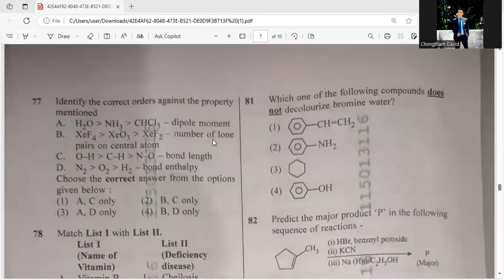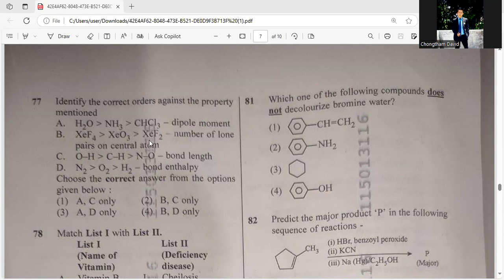77. Identify the correct order against the property mentioned. So water, ammonia, this dipole moment order is correct. Question is asking identify the correct order against the property stated. So the correct answer would be, dipole moment, this is correct.